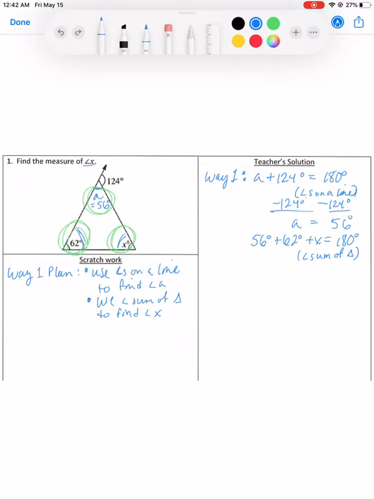And when I add my 56 and 62, 56 plus 60 is 116, plus 2 is 118. Okay, I'm going to subtract 118 from both sides.